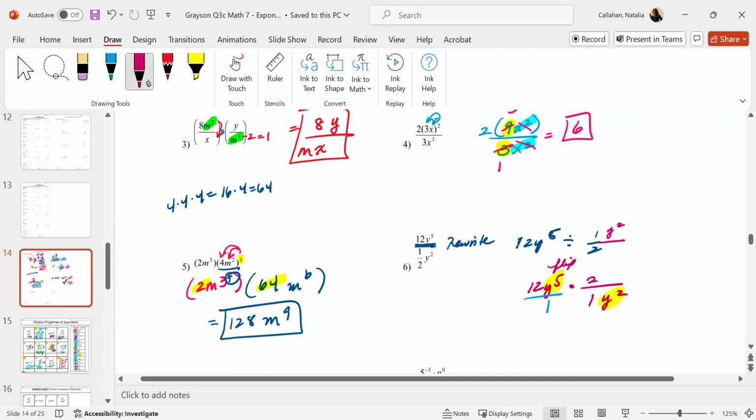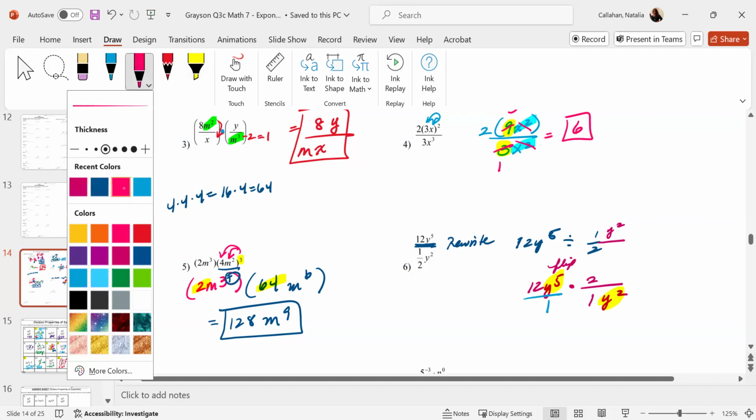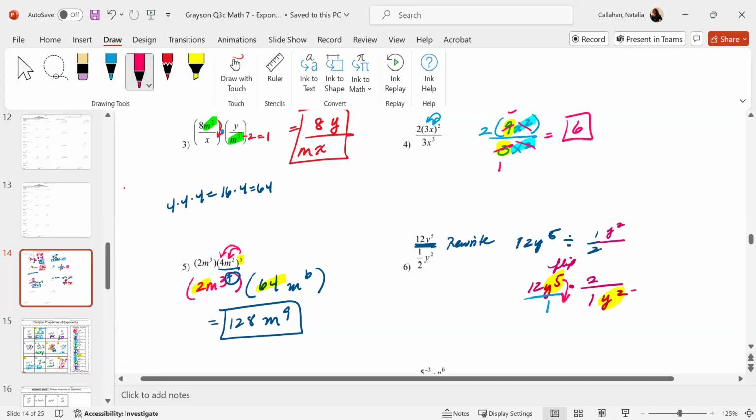So then when you have this, you're going to bring the 2 up, right? Minus 2, correct? Yeah. 12 and 2 is 24, y to the third. Yeah, I got that, but I didn't flip the 1. That's okay. If you didn't flip it, then how did your y squared go on the bottom?